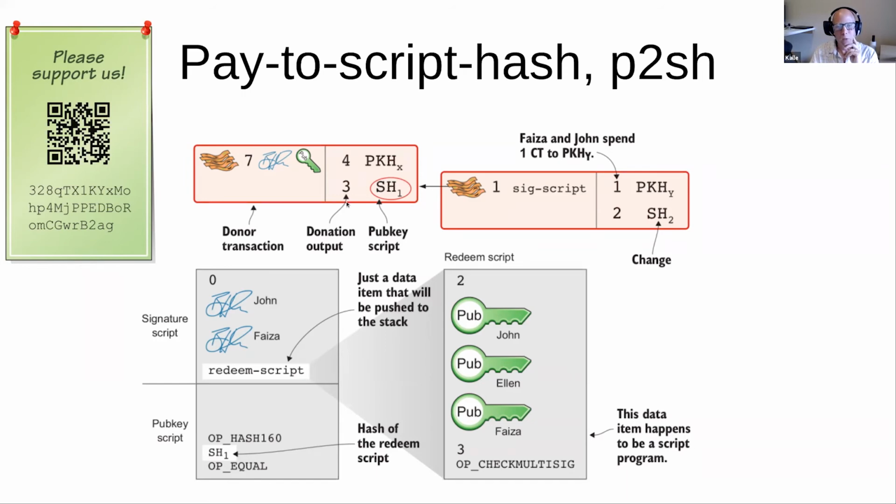So if someone wants to pay money to this address, it encodes a script hash, a hash of a script, which is 20 bytes. This hash is put in the outputs. So this is a donor transaction. Someone wants to send money to the organization, and they send 3 cookie tokens to this script hash.